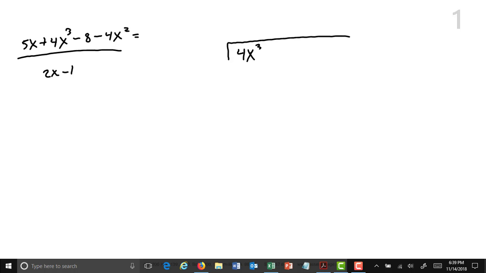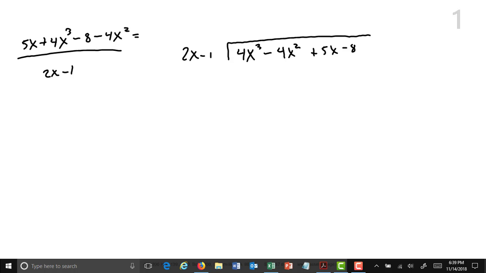The next would be minus 4x squared, and then minus 8. And then I put here 2x. Okay, here we go. Let's do the division.